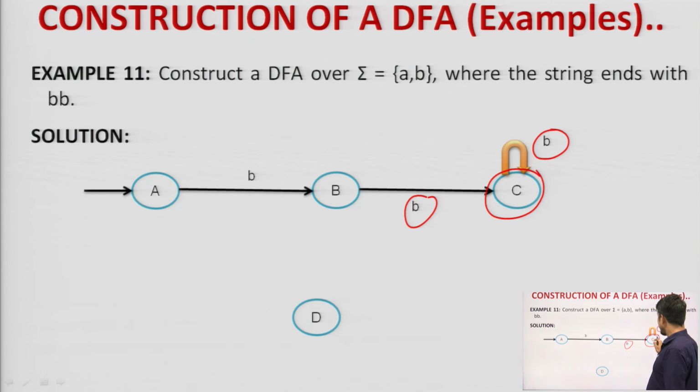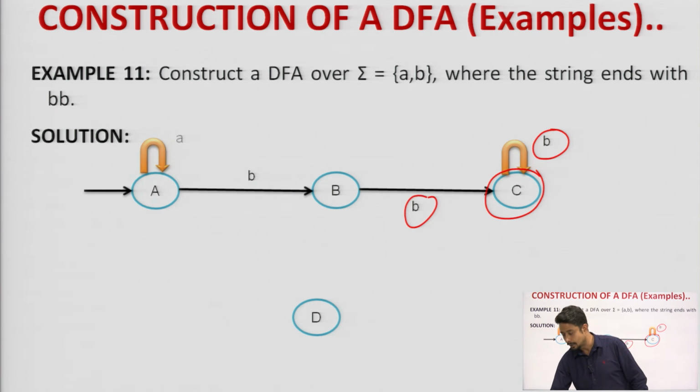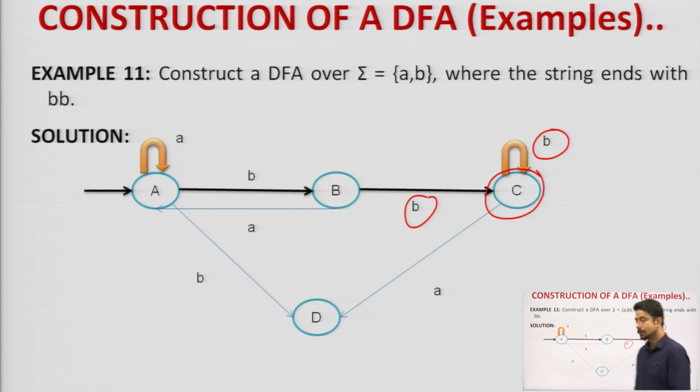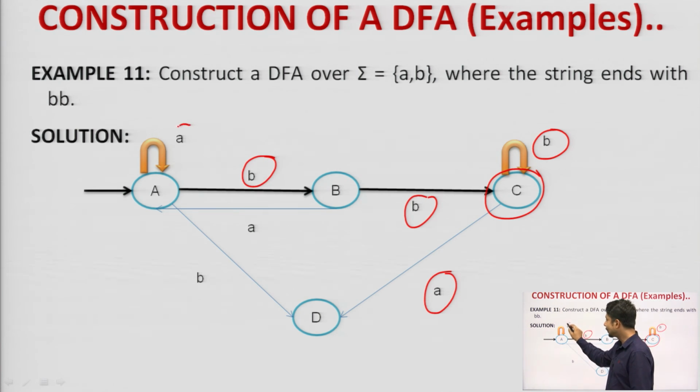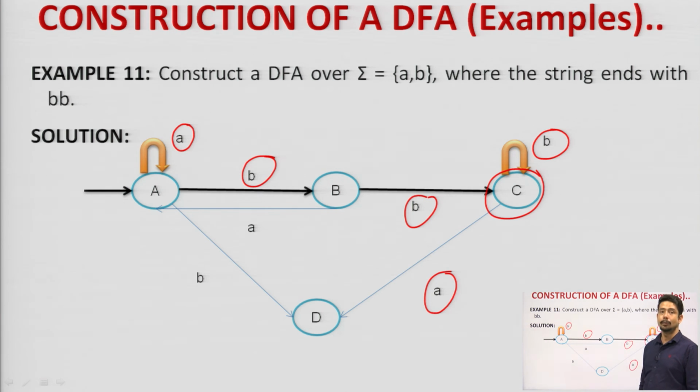But for A self loop, can I take? No, I cannot take. That is why I have to take the help of a dead state. Okay. So, for A I have to take a dead state help, and for state A there is no restriction in the initial part, because ending with BB it is telling initial part does not have any issue. So, I can take a self loop of A, but I cannot take a self loop of B. Why?